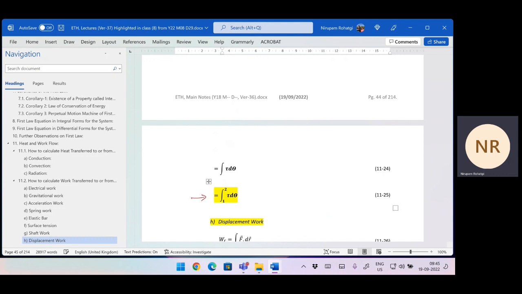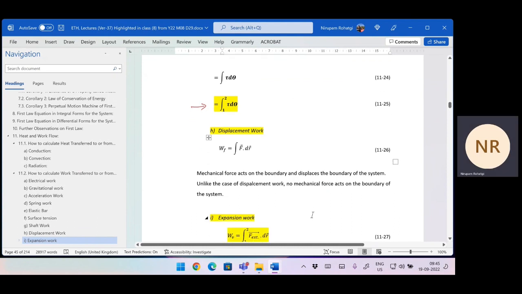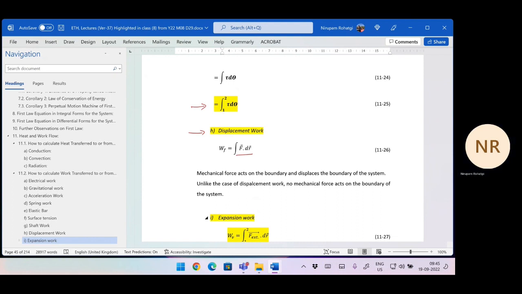So what is the torque you have applied and how much rotation you have given, that is equal to the work done. Okay. Now then we have displacement work, which is simply F dot dr. Okay. Right.